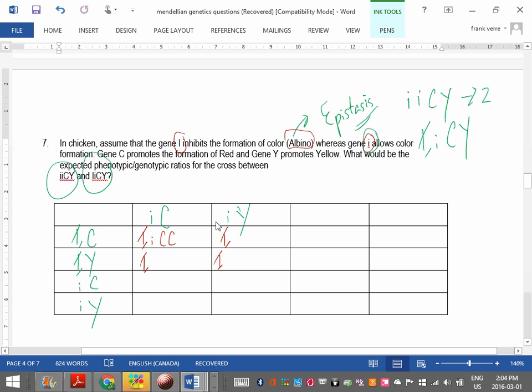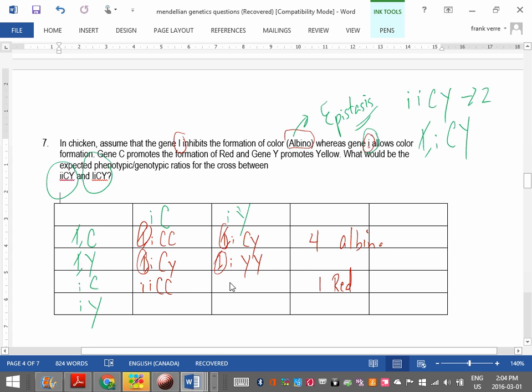No, these 4 here have at least one big I. So 4 will be albino. You could fill it in, right? But you know that they have one big I. So that means 4 of them will have no color. The other 4 will, but what are they? So these 2 are little i's. This is what? Red. So 1 will be red.